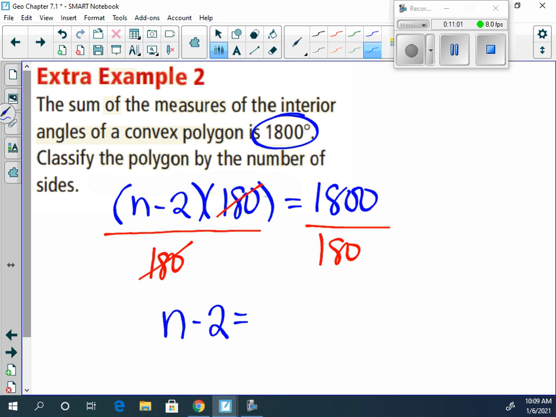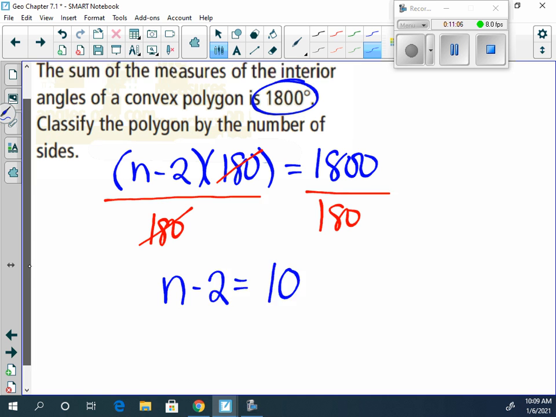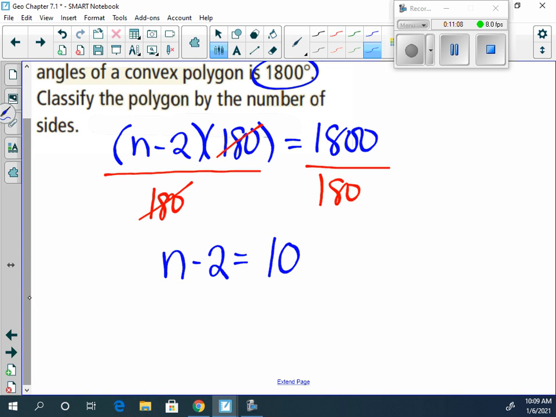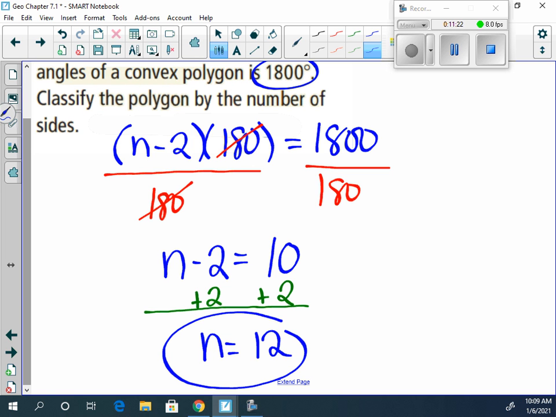It is 10. Almost done. And then we have to add 2. So n is equal to 12. So if I'm wanting to know the number of sides, well, I can take the sum divided by 180 and then add 2 to it, and we'll get our answer.